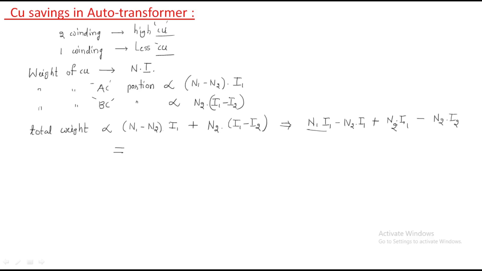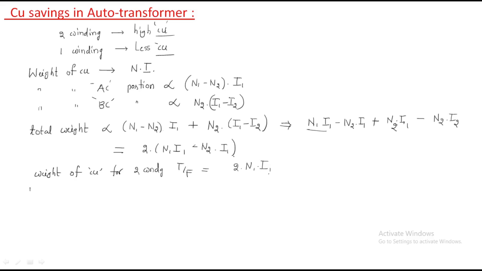So by doing the calculation directly I can write like this, that is 2 N1 I1 minus N2 I1. Compare this with the weight of the copper for the two winding transformer, which we can directly write as 2 N1 I1.